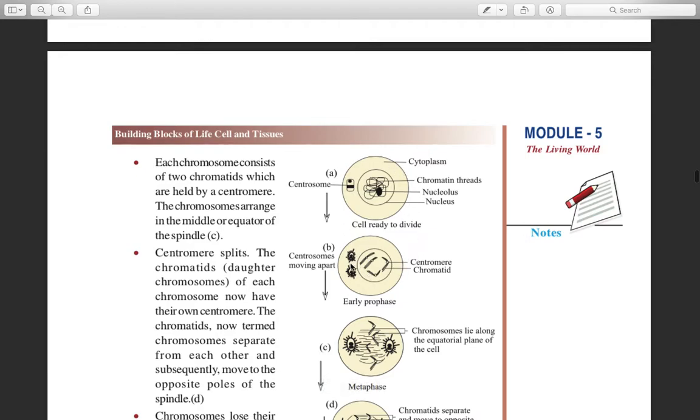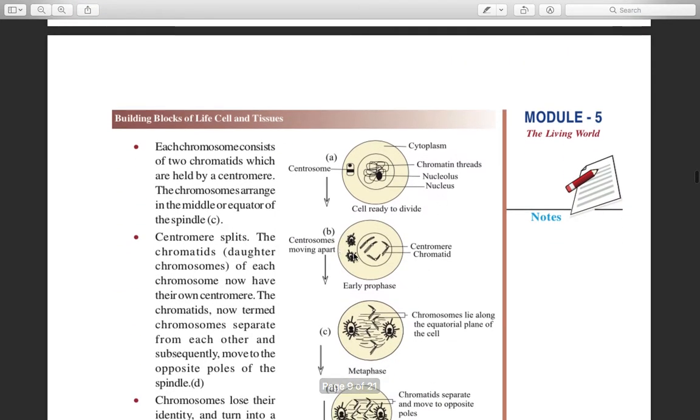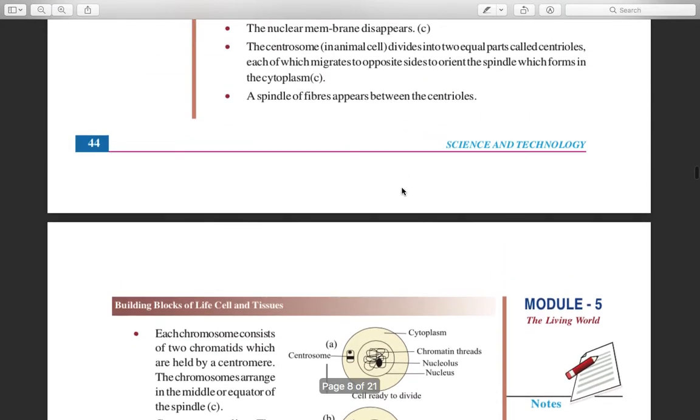I told in the last class a spindle is a fiber-like structure used during cell division. So a spindle of fibers appears between the centrioles. These are the centrioles, they go to opposite directions and between them a fiber spindle forms.